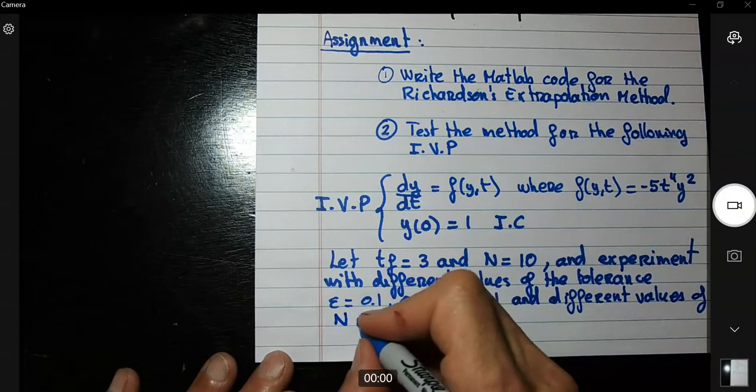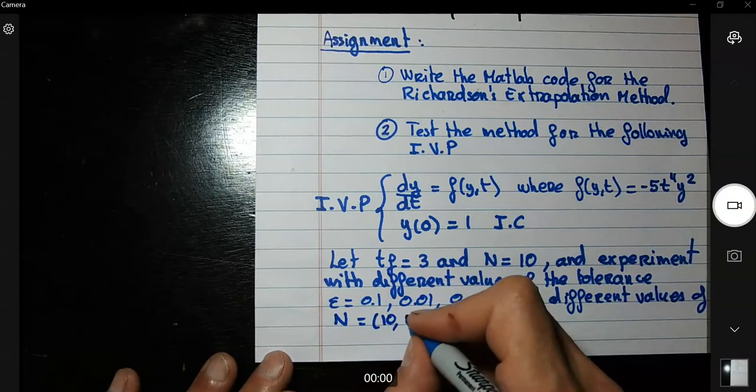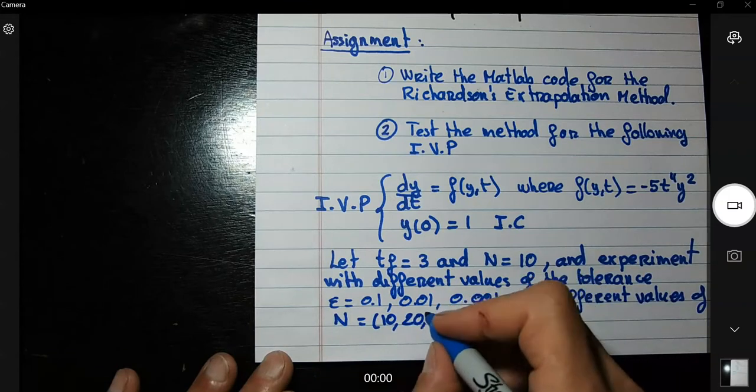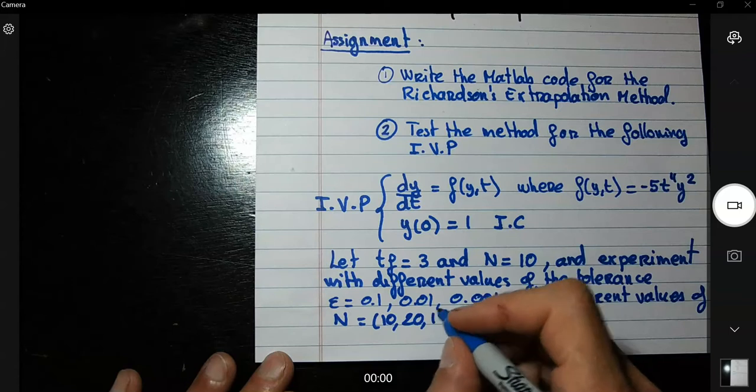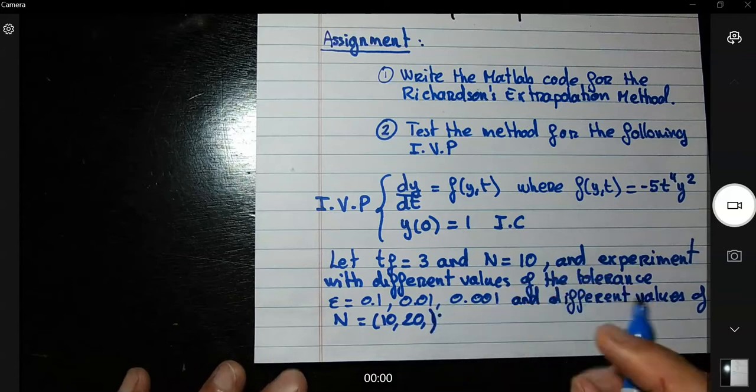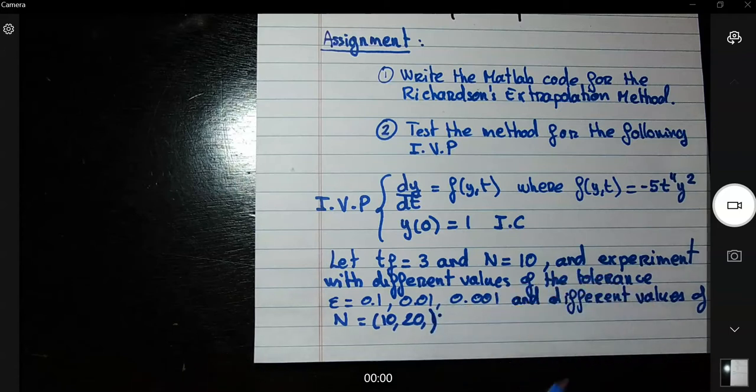So let's say n will be equal to 10 and 20, and that's it. And let's see what happens.